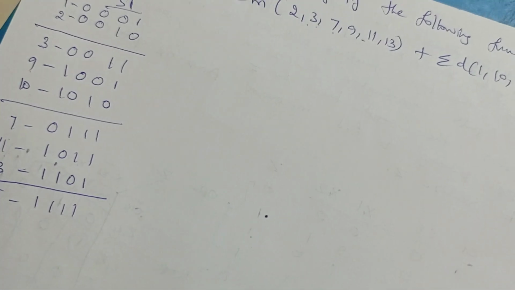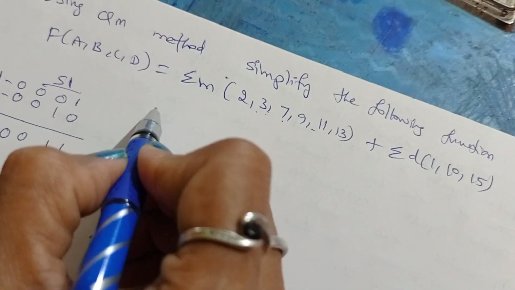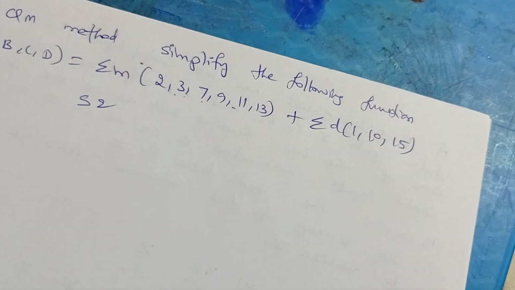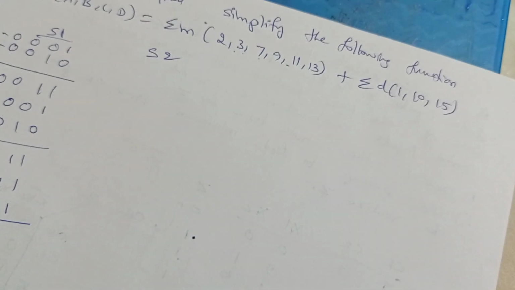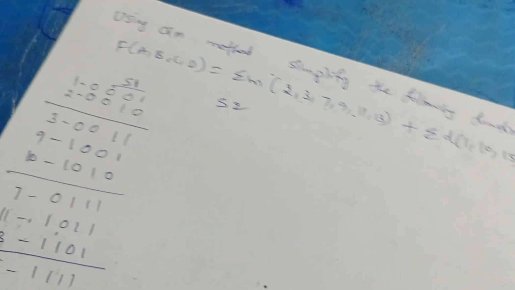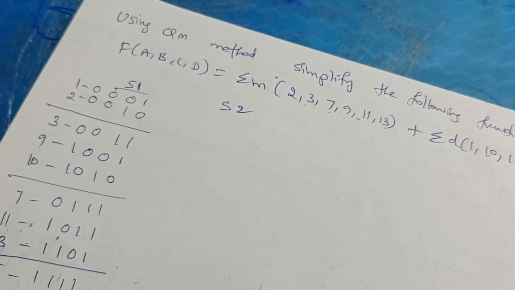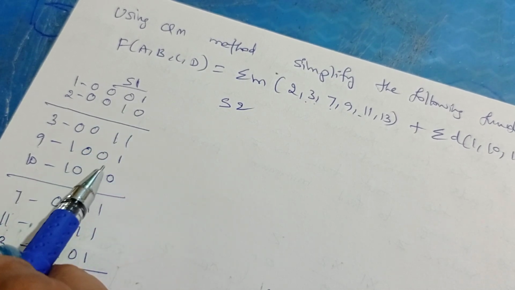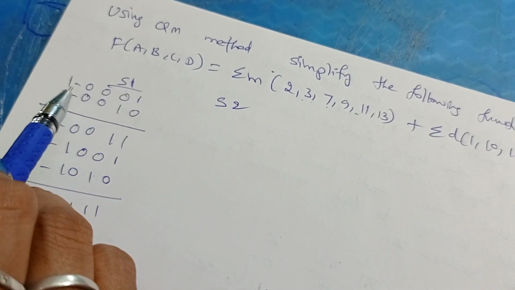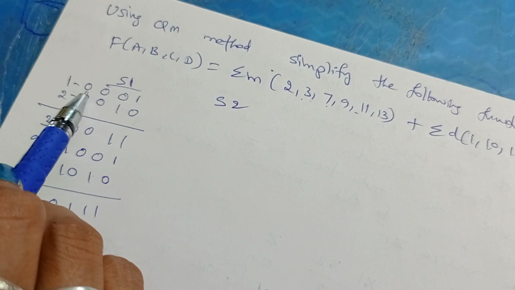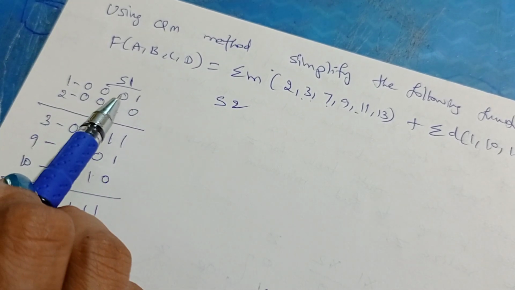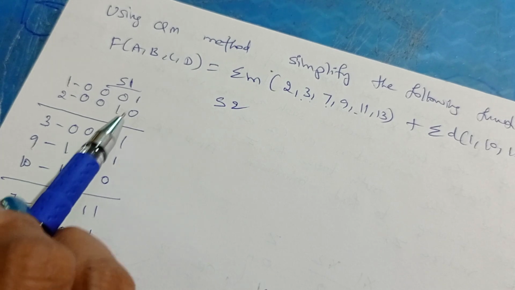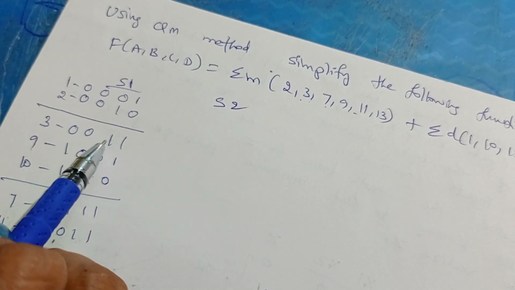Now the second stage, stage 2, is to compare if there exists a single change from one group's terms to another group's terms. See, for example, 1, 0, 0, 0, 1 and 3, 0, 0, 1, 1. Here 0 is changing to 1 and the rest is constant. Only a single change.